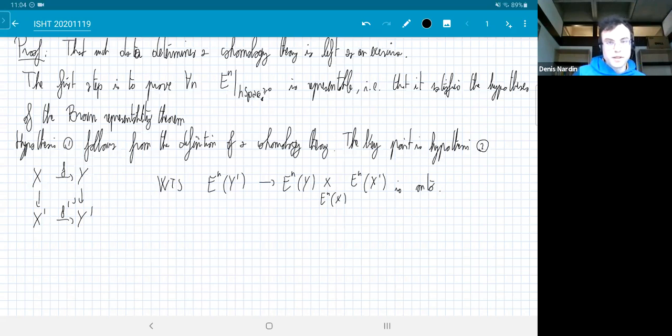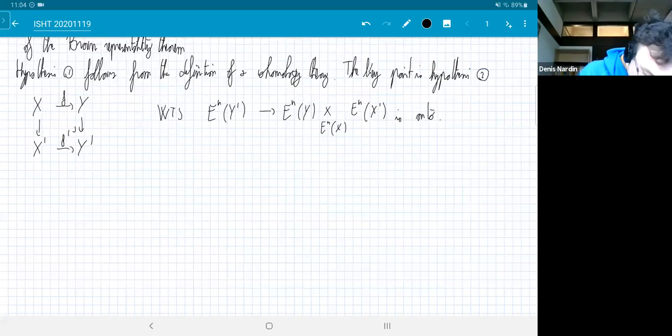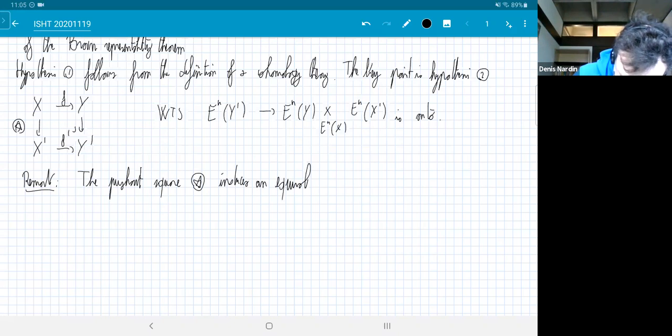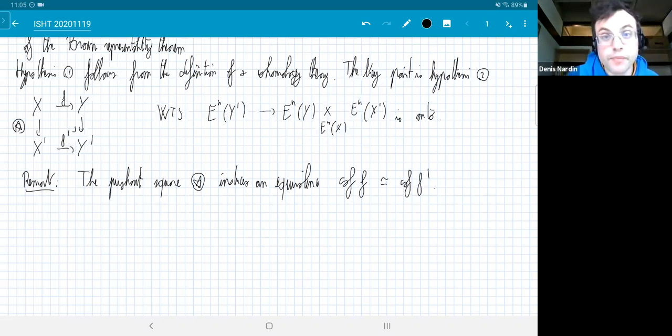That's our goal. So the first remark, maybe I should have made before, is that the push-out square, star, induces an equivalence between the mapping cones, the cofibers of F and the cofiber of F prime.